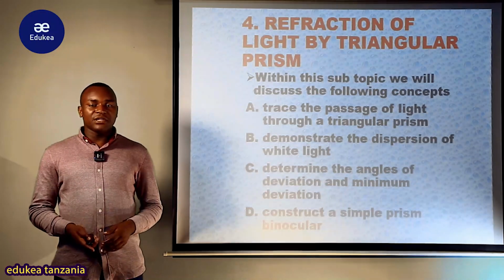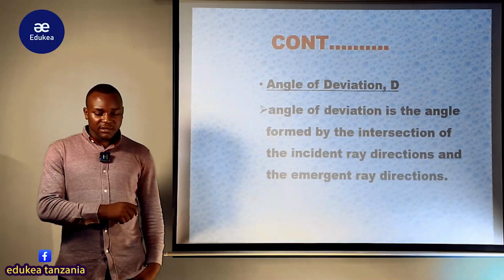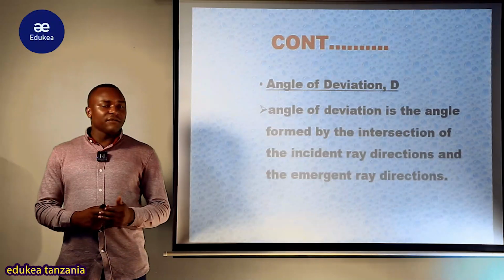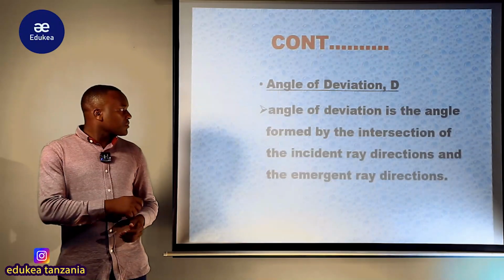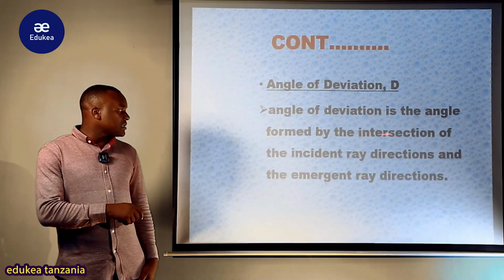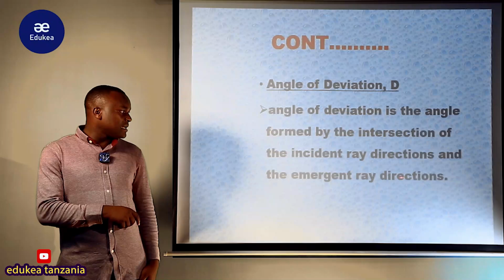Angle of deviation tunaita angle D kama ilivyoonyeshwa katika mchoro hapo. So the angle D means angle of deviation. So angle of deviation is the angle formed by the intersection of the incident ray direction and the emergent ray direction.